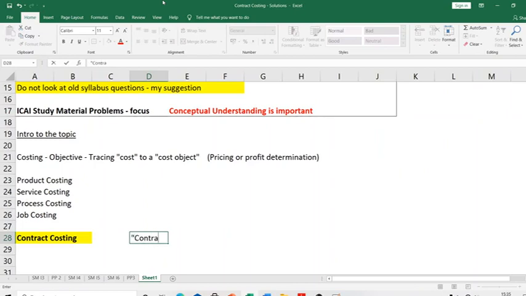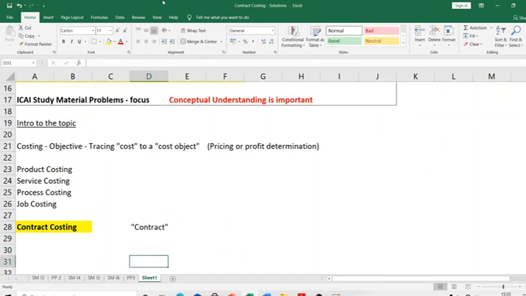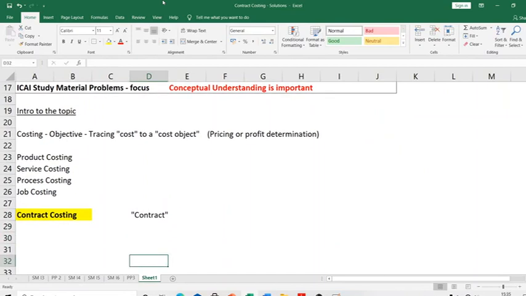For one unit of a cost object called a contract, we are going to see what will be the cost associated, and in the process we will be looking at several concepts. We said that one of the objectives of tracing cost was to find out profit. So here, for one contract, what is the cost associated and what will be the profit associated? All that is what we are going to see, and that is going to be the scope of our study when we look at contract costing.